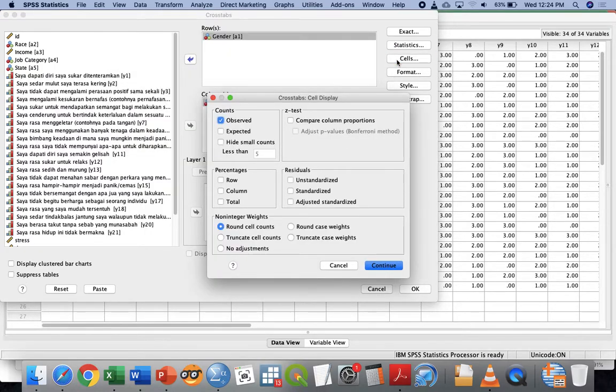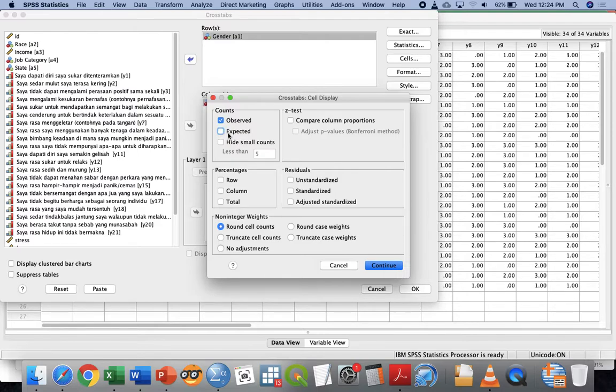Inside these particular cells, you might want to ask for the expected. The computer will give you the observed count and expected count straight away. And then you don't need to request this one. So do you want to request it or not? No need. Up to you. I preferably don't request it.